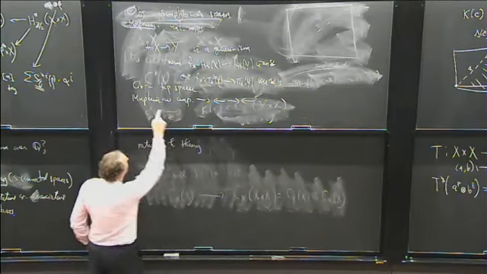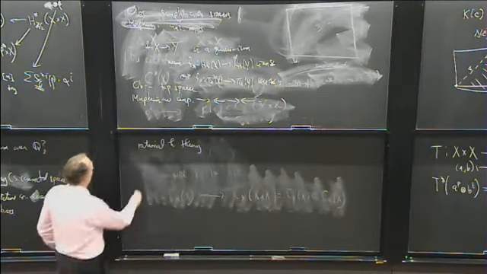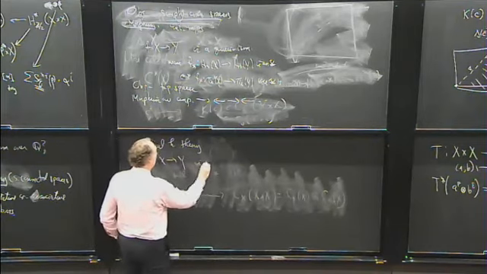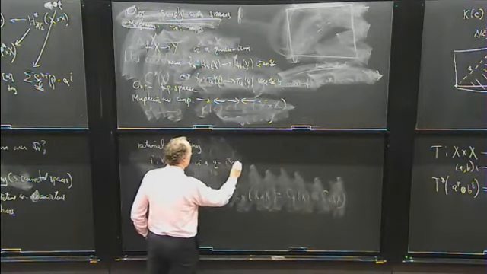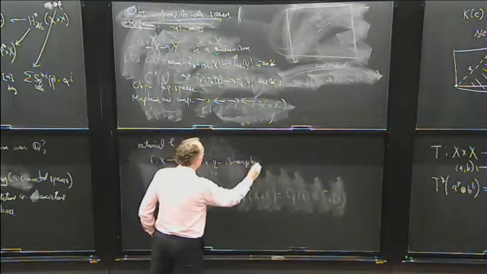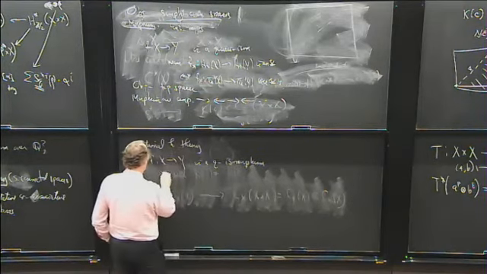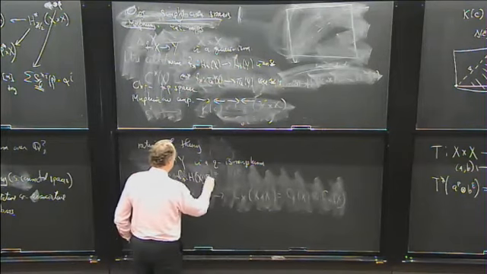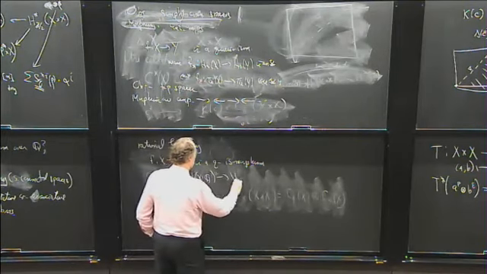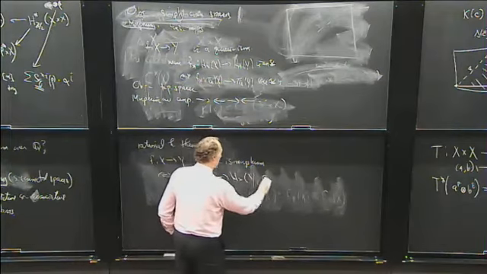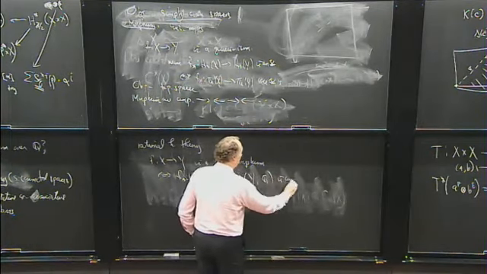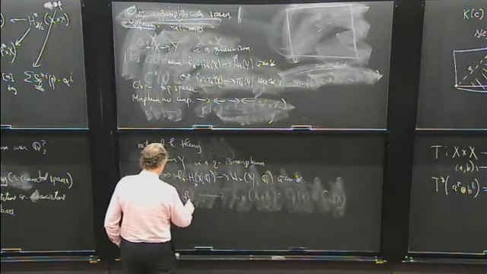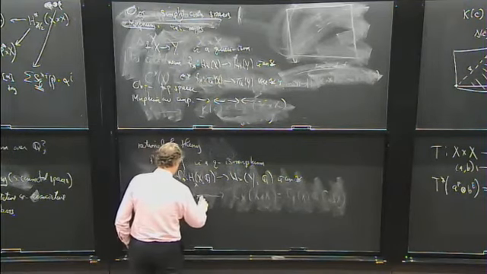Again, in the category of simply connected spaces, where I now declare that a map X to Y is a quasi-isomorphism if and only if the induced map on rational homology is an isomorphism, or equivalently, the induced map on rational homotopy groups.